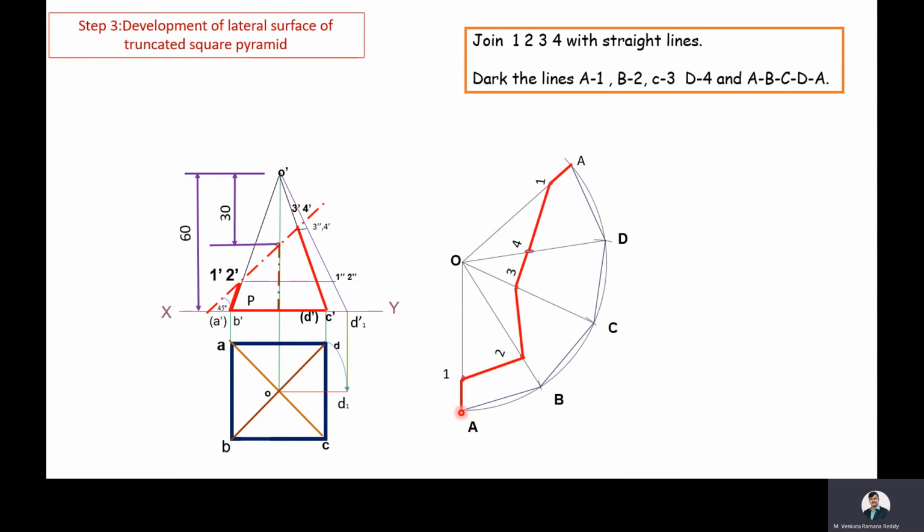Then dark base edges of the square pyramid in the development, say AB, BC, CD, DA. Then dark portion of the face edges of a square pyramid in the development, say D to 4, C to 3, B to 2.